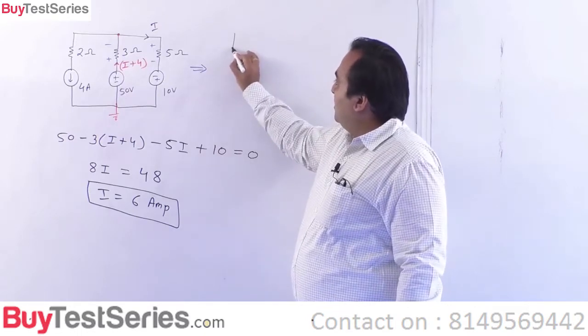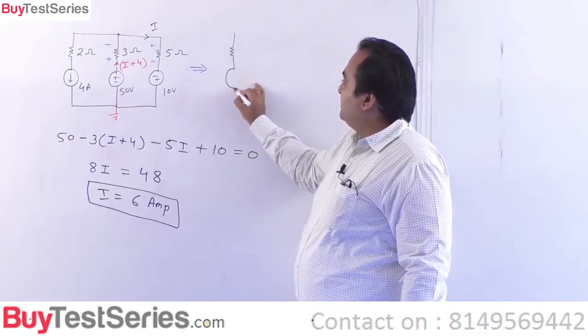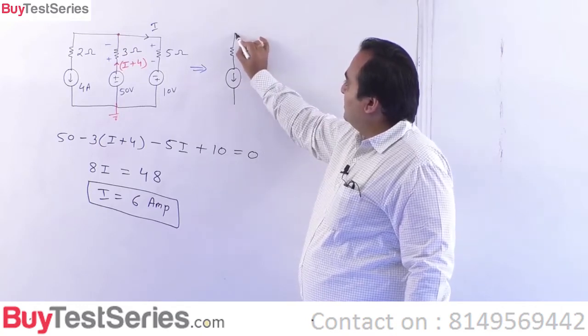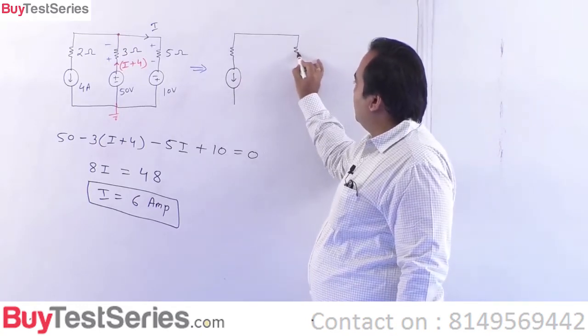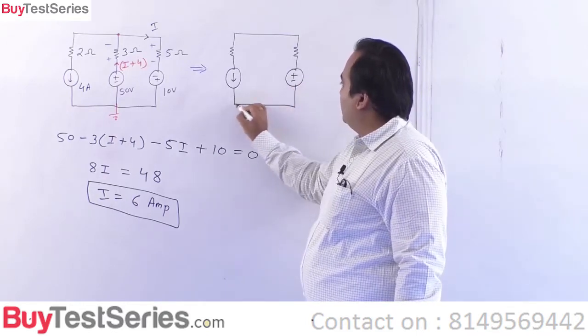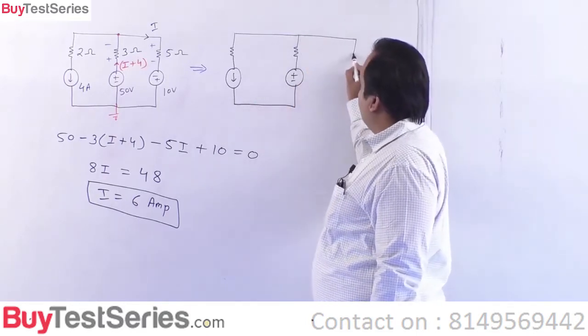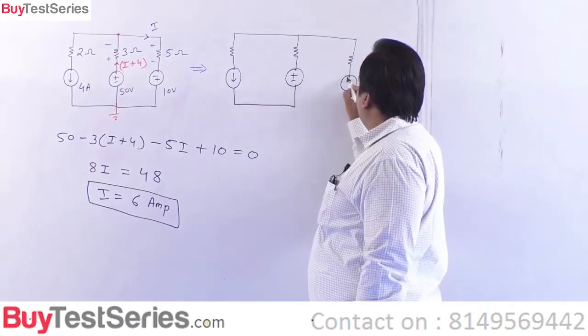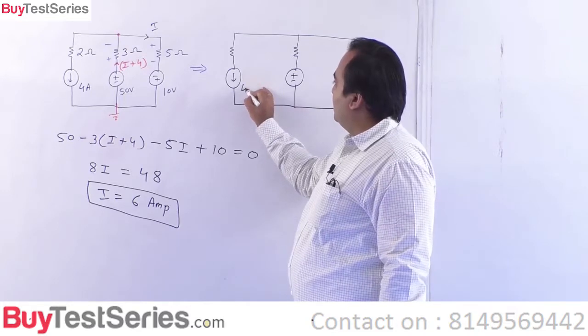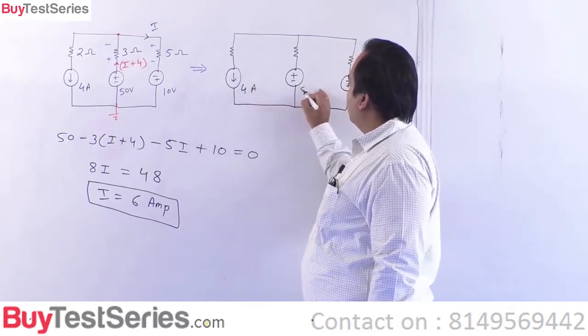So redrawing the circuit, this is 4 amperes.